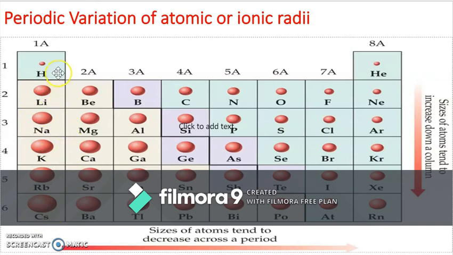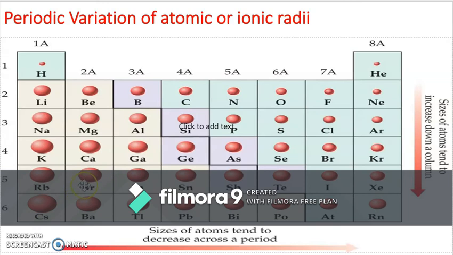That's why as we move from top to bottom, the number of shells increases and the added electron goes away from the nucleus. As a result, there is lesser attraction between the nucleus and the valence shell electron.